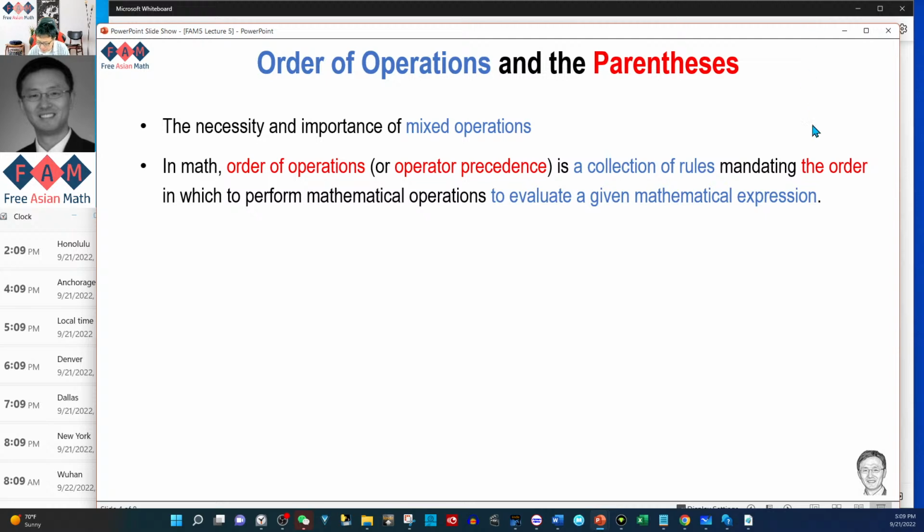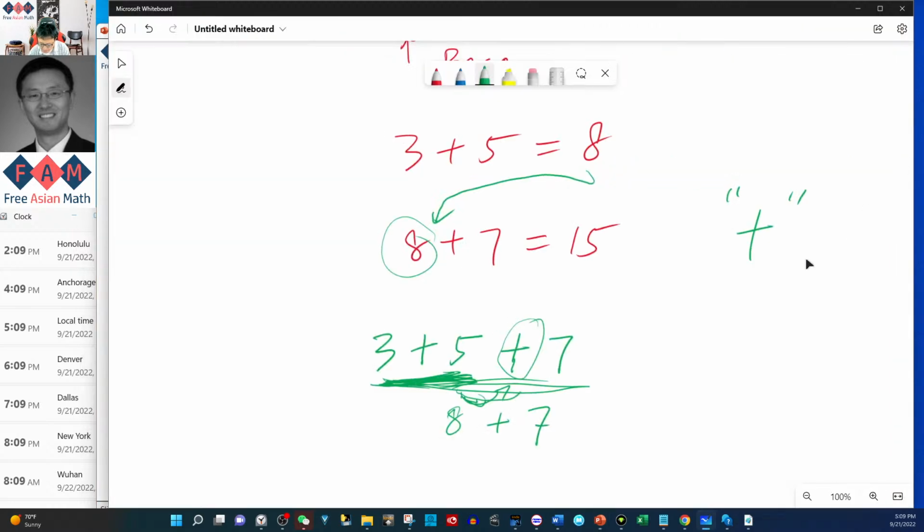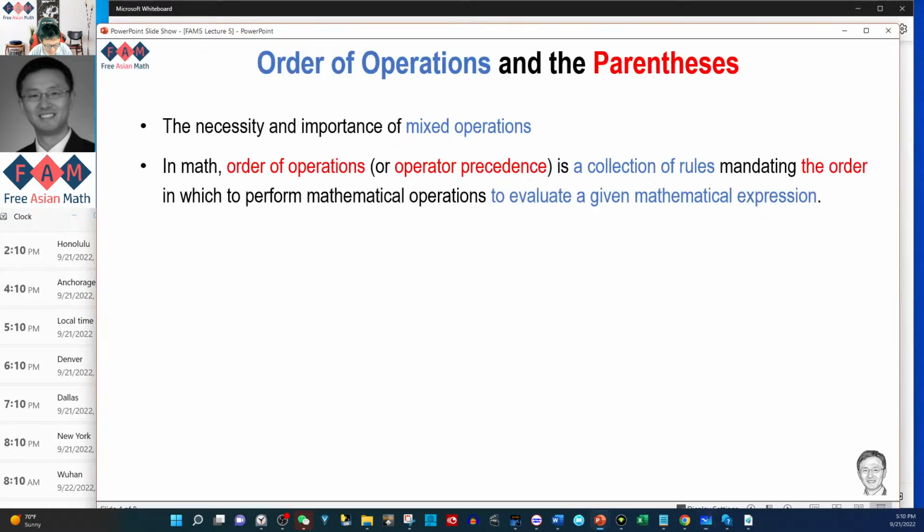In other words, for something like 3 plus 5 plus 7, this is something we call a mathematical expression, we want to know ultimately what is the final value or result that we expect to get. Okay, so that's where we need this set of rules collectively called the order of operations or operator precedence.